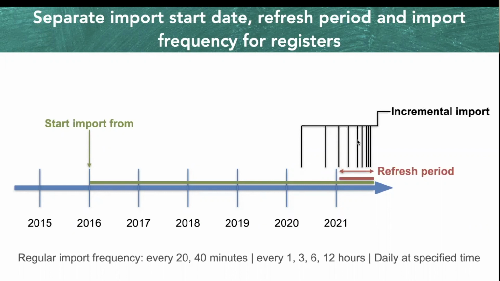Now, for some cases, the incremental import doesn't work. Historically, it wasn't available at all, and we used refresh period for that. Right now, there are two registers, transactions and item history, that don't have incremental import enabled in Hansa-World by default.